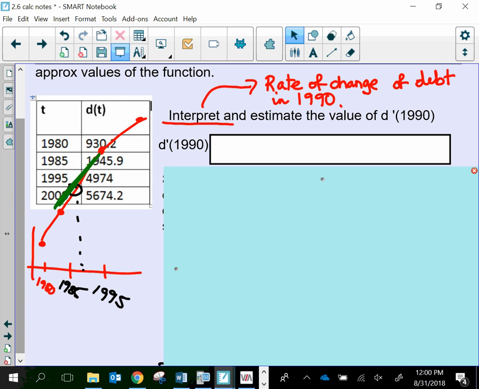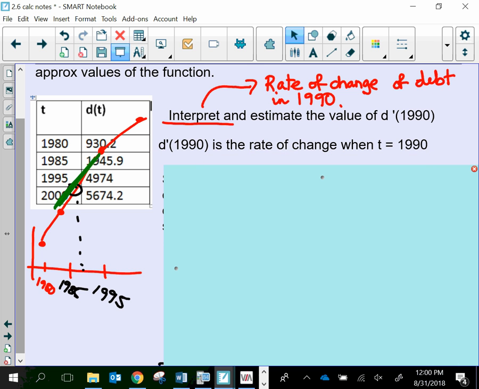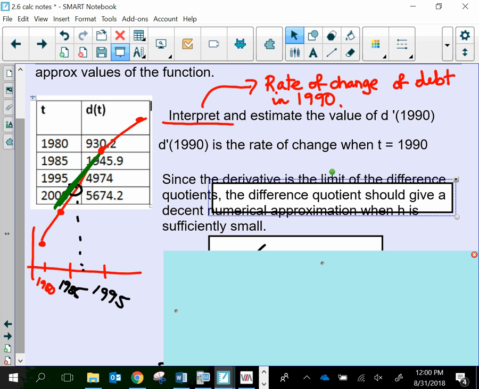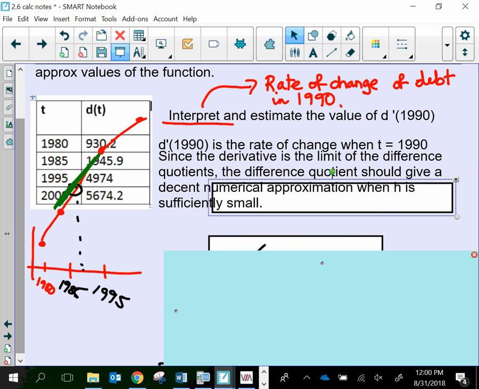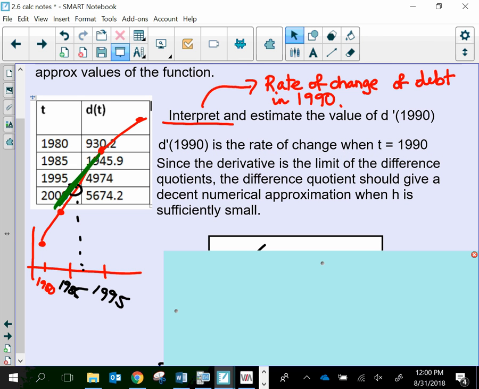So what we're going to do is we're just going to assume that it's going to be the same as if we were doing a regular slope. Since the derivative is the limit of the difference quotients, the difference quotient should give a decent numerical approximation when h is sufficiently small.